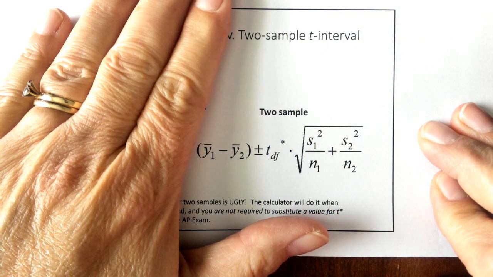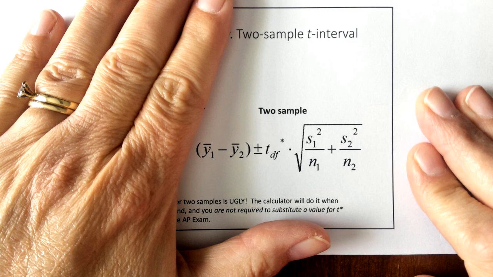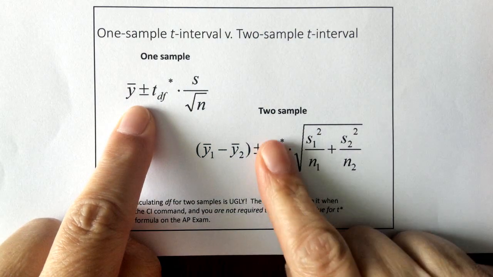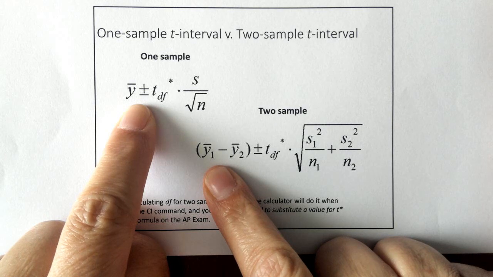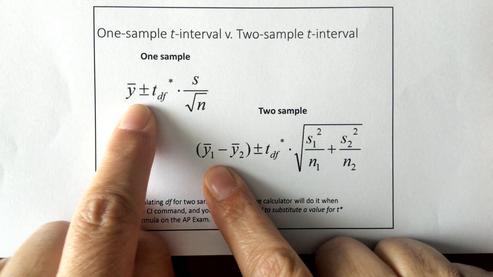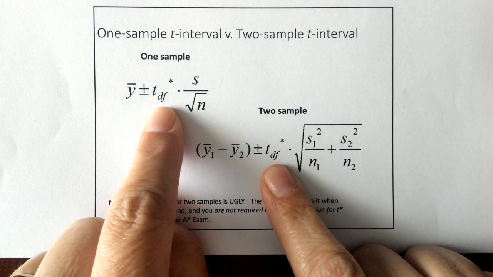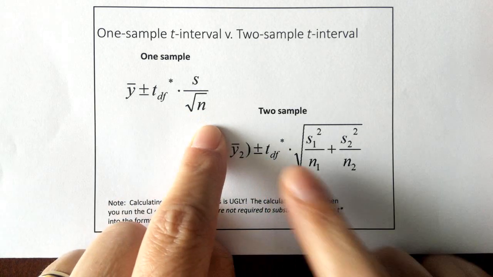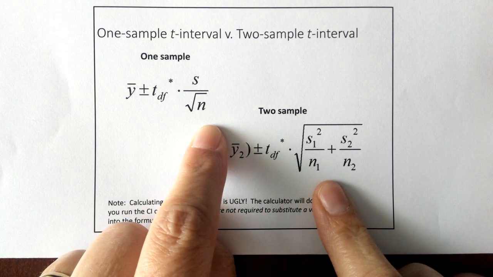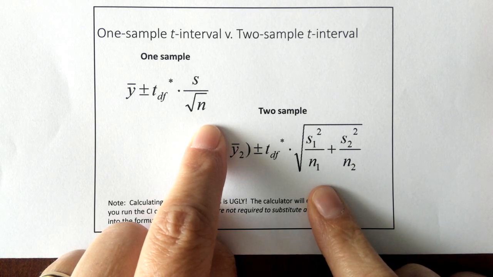Now we're moving to 2 samples, and in 2 sample world, instead of a single mean, we have the difference of 2 means. Looks exactly like the difference of p-hats that we did in the last unit. We have t star with degrees of freedom. That's a little more complicated this time. And then that standard error formula for 2 means that was in the Blue Book that we're just going to substitute numbers into and let the numbers get crunched.